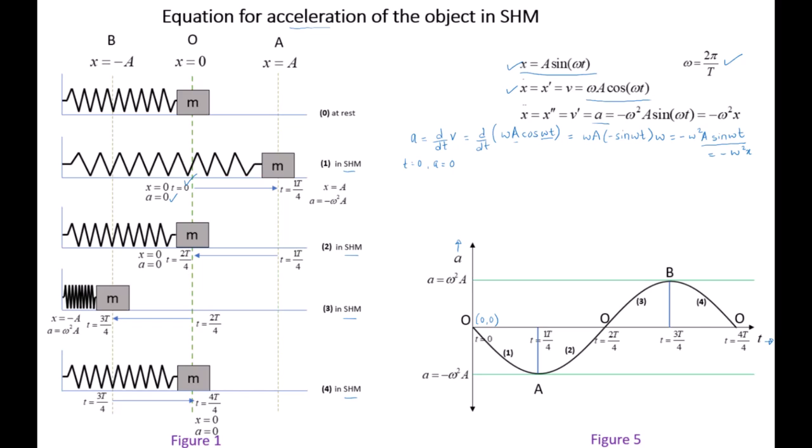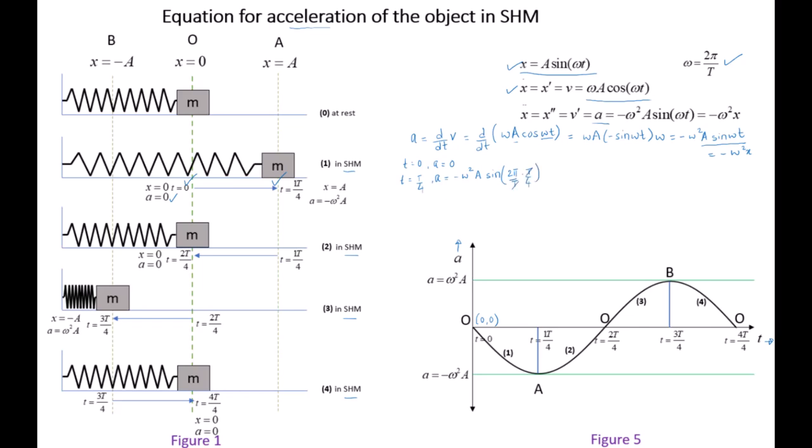So let's see the other point at point A. When the object is at point A, that means after a time T over 4 has passed, what is the value of acceleration? So that will be minus omega square x, which is A sine omega t, and omega can be written as 2 pi over T times T over 4.